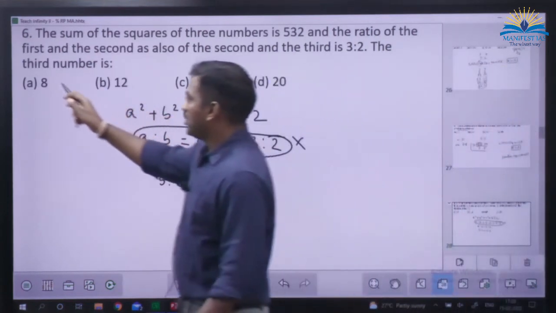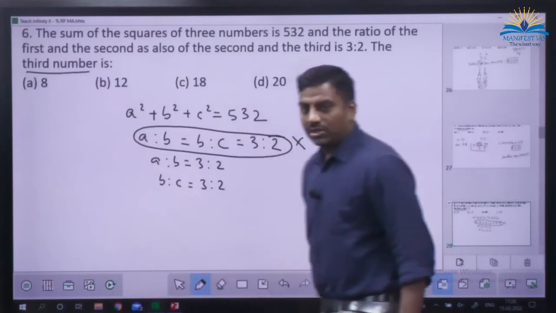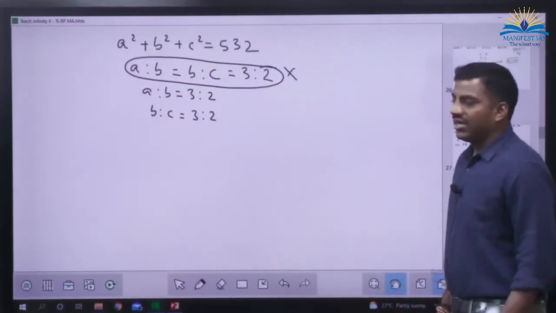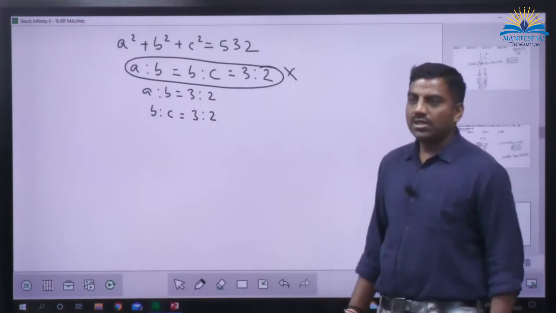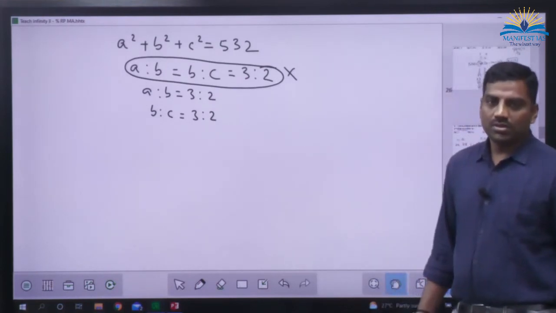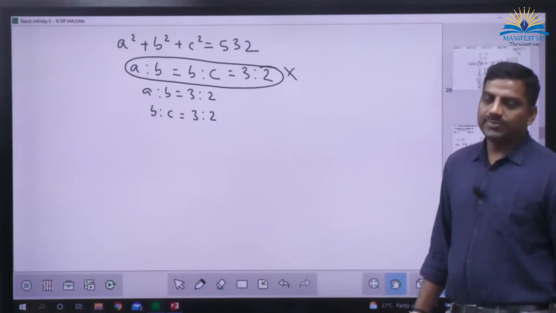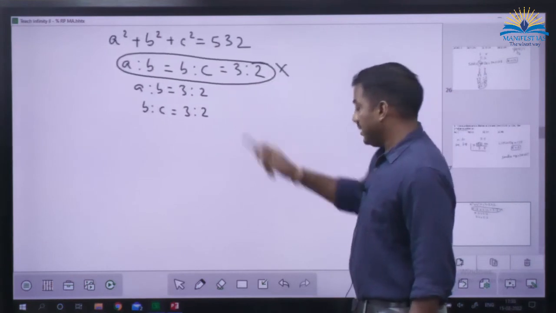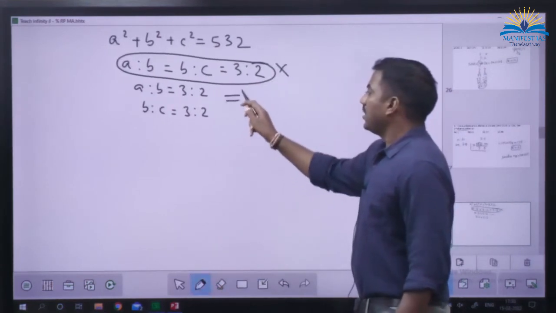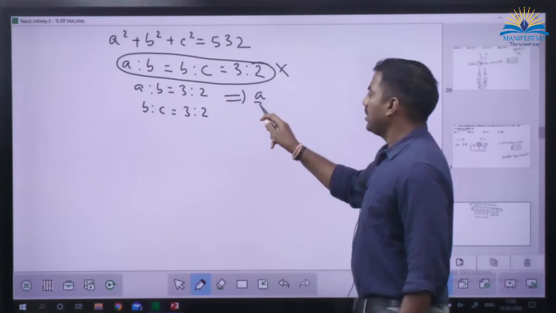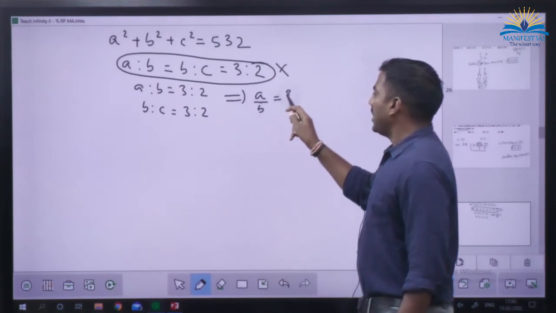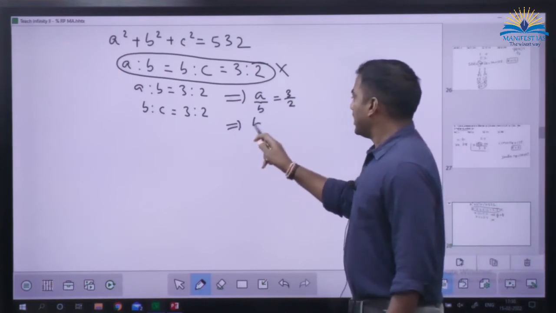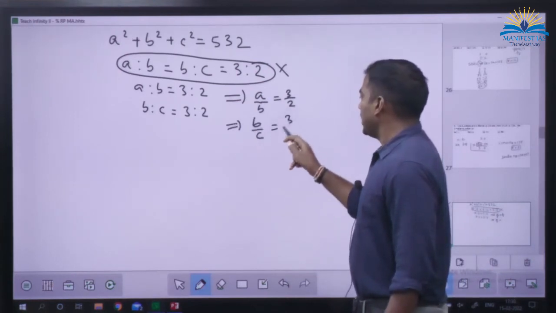The third number. Third number is C. Okay? They want the third number in our answer. So wherever possible, try to kick out A and B. Express everything in terms of C. So here A by B is equal to 3/2. And here B by C is equal to 3/2.